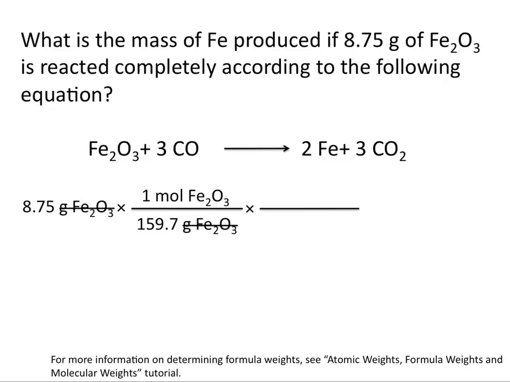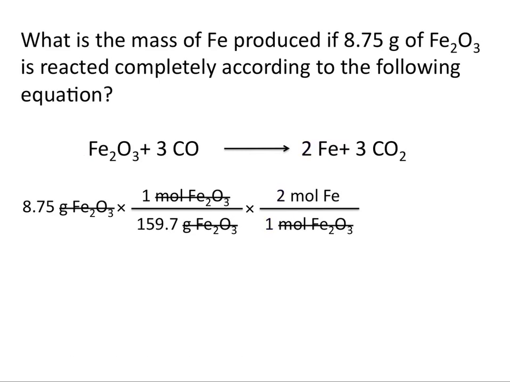Our balanced equation tells us that for every 1 mole of iron oxide, 2 moles of iron will be produced. And we found that mole ratio looking at the coefficients in our balanced equation. And we put moles of iron oxide on the bottom so it will cancel with the moles of iron oxide on the top.